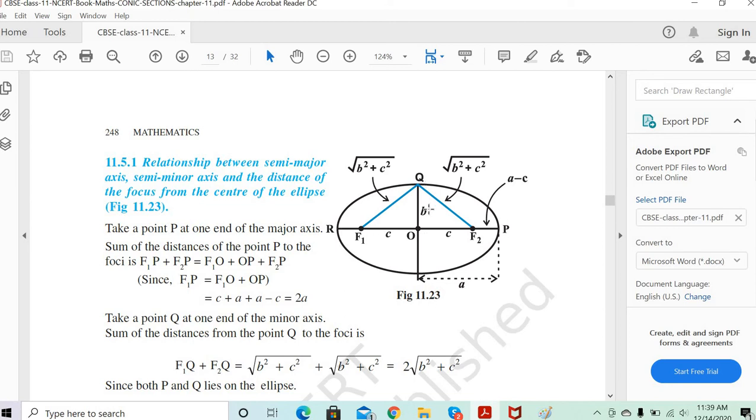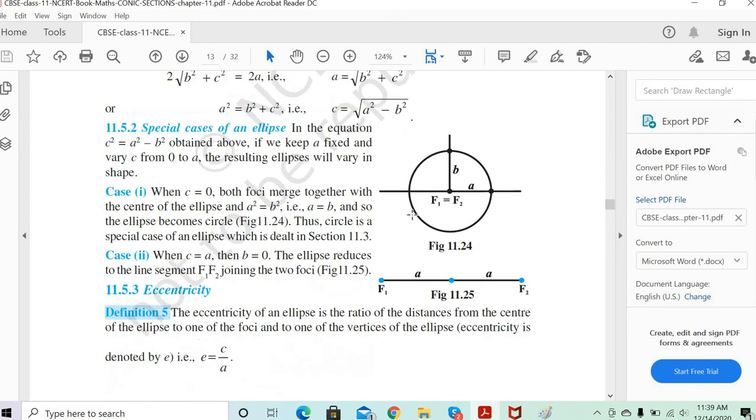The b part is becoming 0. When you make b equal to 0, what will happen in this case now? c will be equal to a.